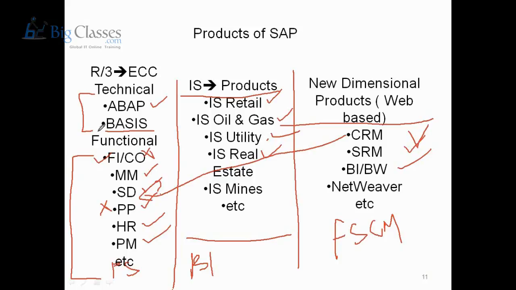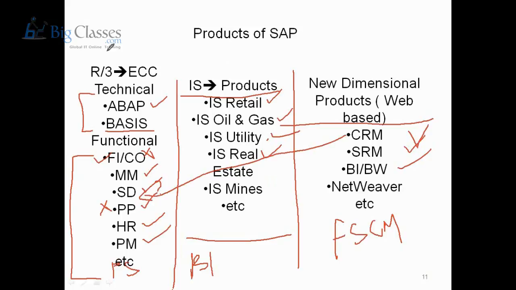We pull the data from all the functional modules and do the reports in the data warehouse, storing and analyzing data. In our organization, BIBW is used for consolidating all the subsidiary accounts. It's a reporting tool for consolidation of data from different modules. Okay, thanks.